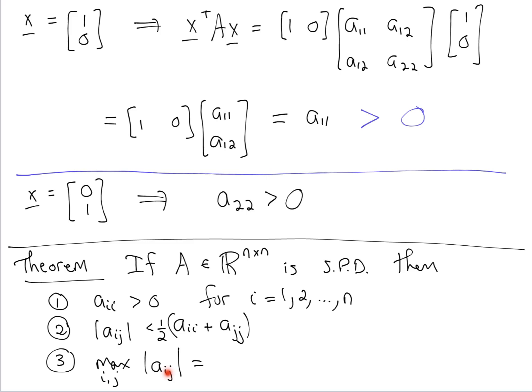So the maximum of all the absolute values of all the entries of A occurs on the diagonal, which is also positive because the diagonal entries are all positive. So the largest absolute value entry in the matrix happens on the diagonal. And it happens to be the biggest element of the diagonal.